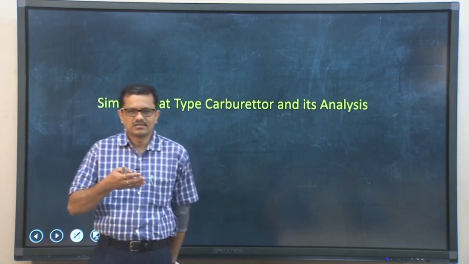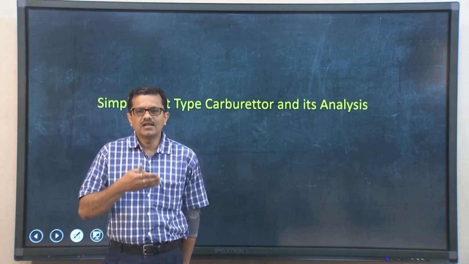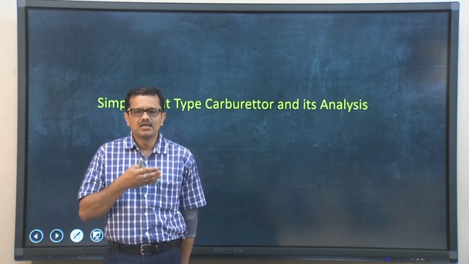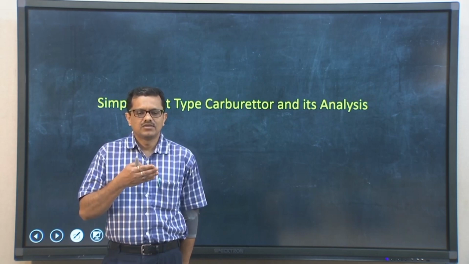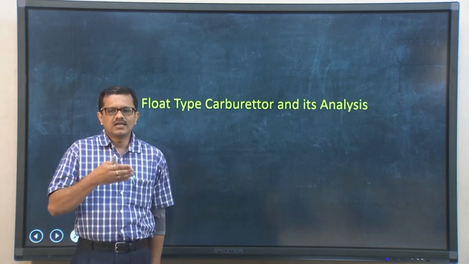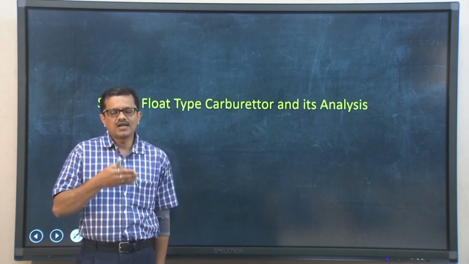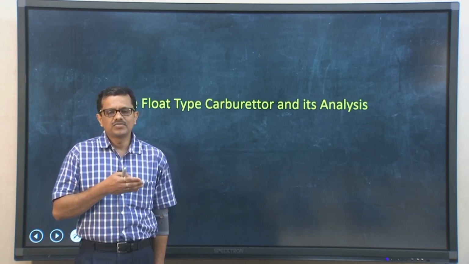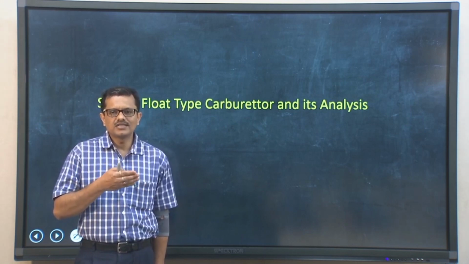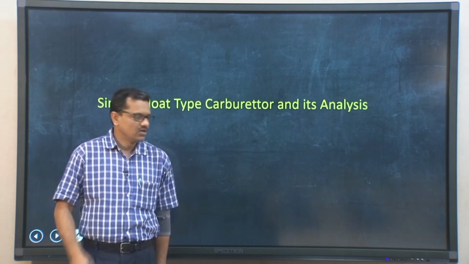flow analysis, because we have seen carburetor is a special device, and this particular device is integrated with the internal combustion engine, that is the spark ignition engine, and the sole purpose of this device is to supply homogeneous mixture of air and fuel.